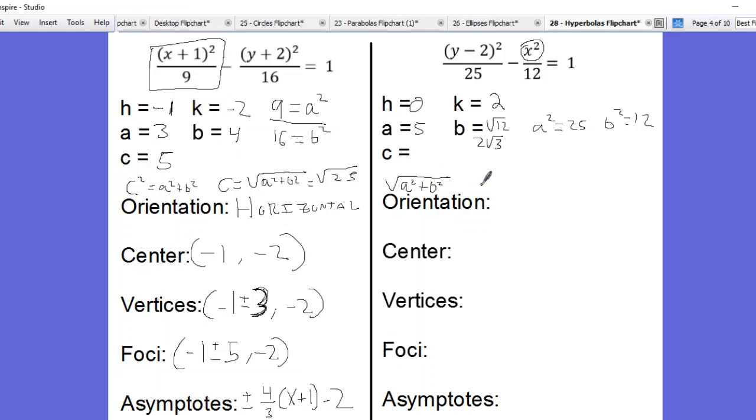So that's going to be the square root of 25 plus 12, and 25 plus 12 is 37. So that's the square root of 37, and we just keep it like that.